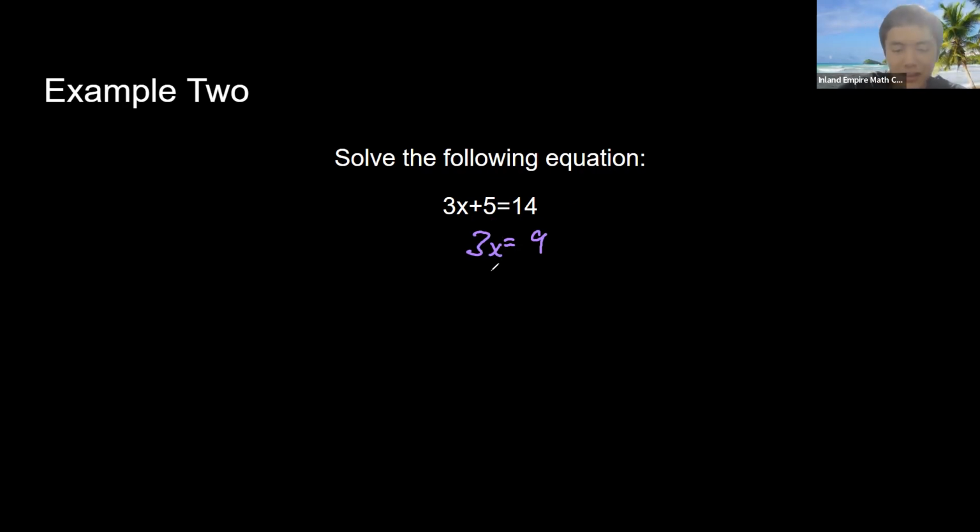Now that we have 3x set equal to a single integer, we can easily solve this equation. We can just divide by 3, and we end up with x equals 3. This is a simple demonstration of how you would solve a basic one variable equation.